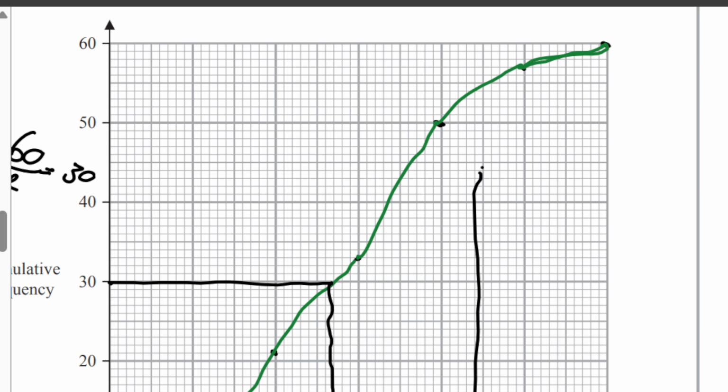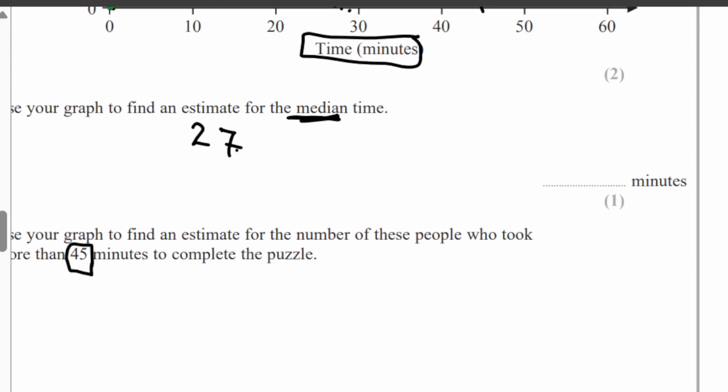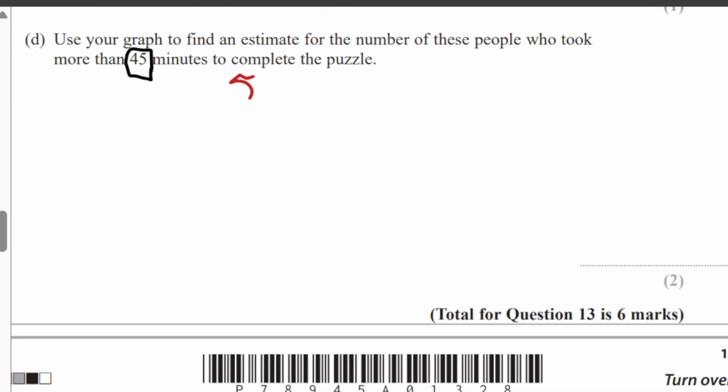So you make a line until you cross it here, and then you make a line there, so it's here. Now more than 45 is just this number. Now if this is 50, that means this is 55. From 55 to 60, how many steps? From 55 to 60, this is 1, 2, 3, 4, 5. So it's just 5. So your answer should be 5.